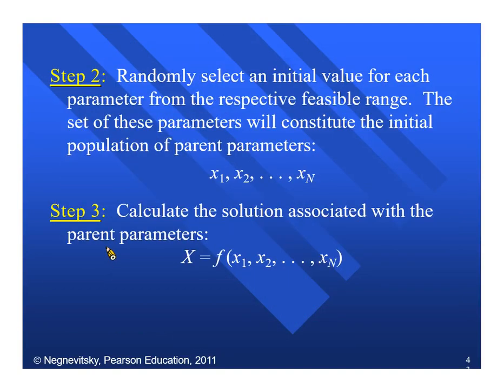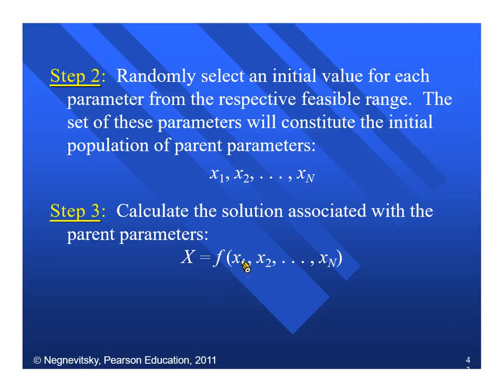Randomly select an initial value for each parameter from the respective feasible range. This set of parameters constitutes the initial population of parent parameters S1 to Sn, and then calculate the solution associated with the parent parameters.